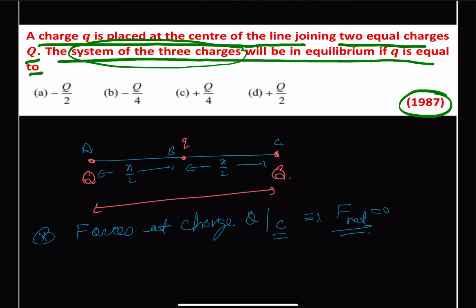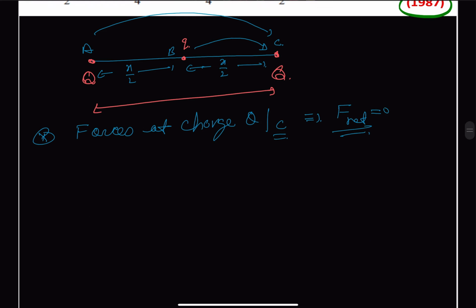It means the force due to charge A on C and the force due to charge B on C, their summation should be equal to 0. Therefore, force because of charge A plus force because of charge B should be equal to 0.